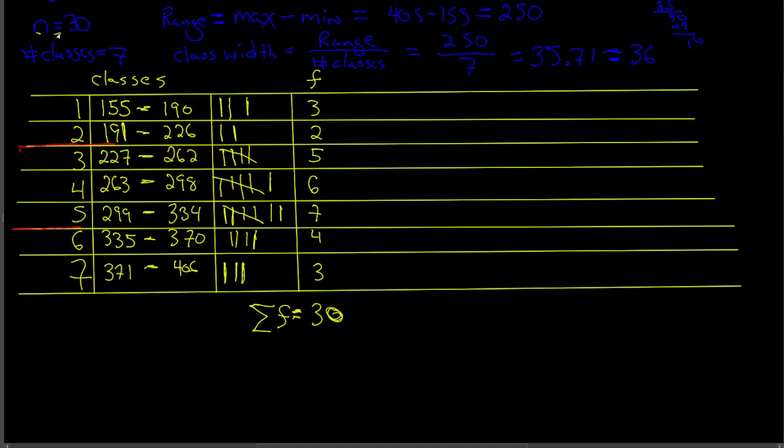But when we started this, we said there were 30 pieces of data. And this kind of has to match. Once I've done all my frequency here, this should account for every piece of data. So when I do the sum of all of my frequencies, it should give me the total number of pieces of data. And so this is what a frequency distribution is. It is the ability for us to really start getting a visualization of how our data clusters and where it clusters.